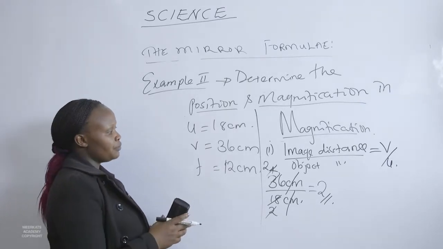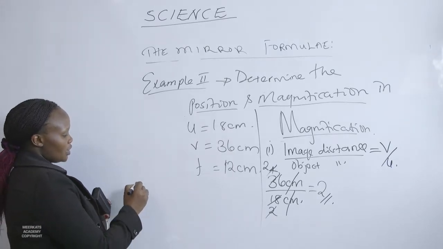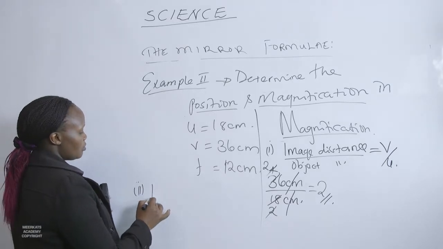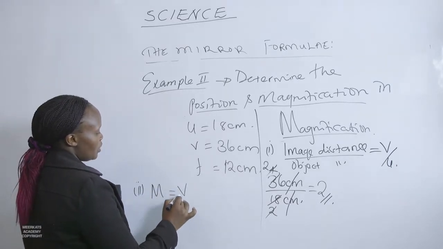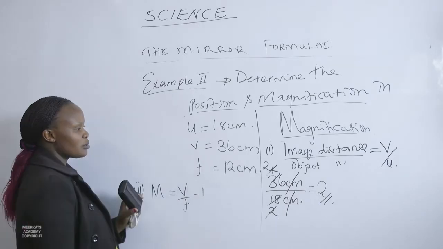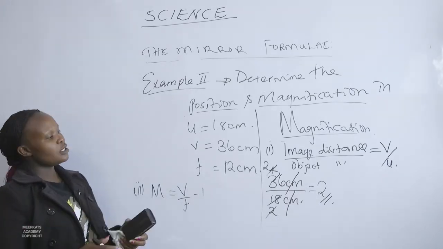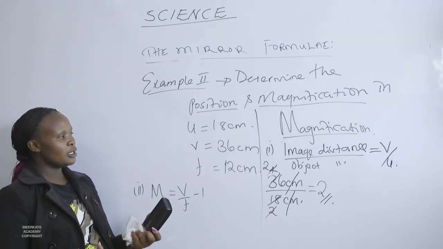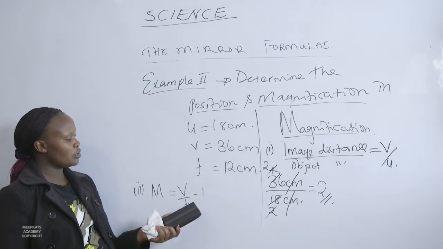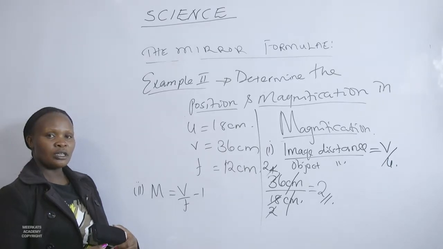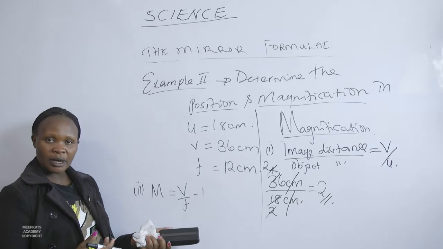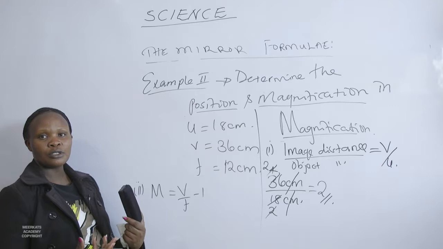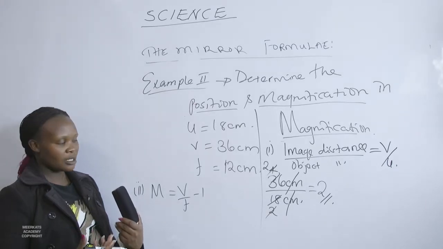Now, we want to consider method 2, where we said that magnification is given by V over F minus 1. We still have the same distances. Nothing has changed, only the formula. So, if 2 be our magnification, whatever formula we apply, we are supposed to get the same result.